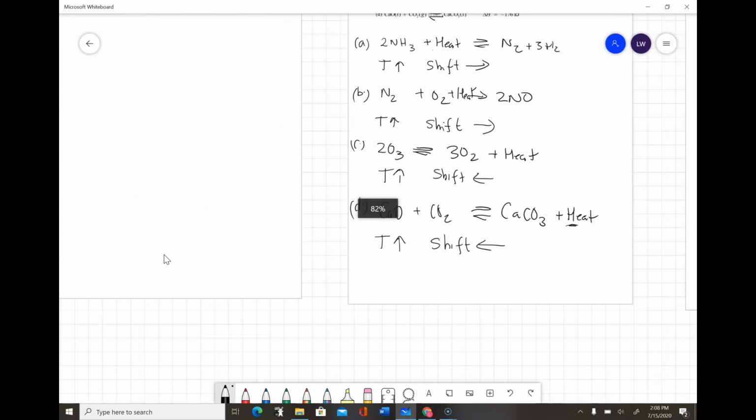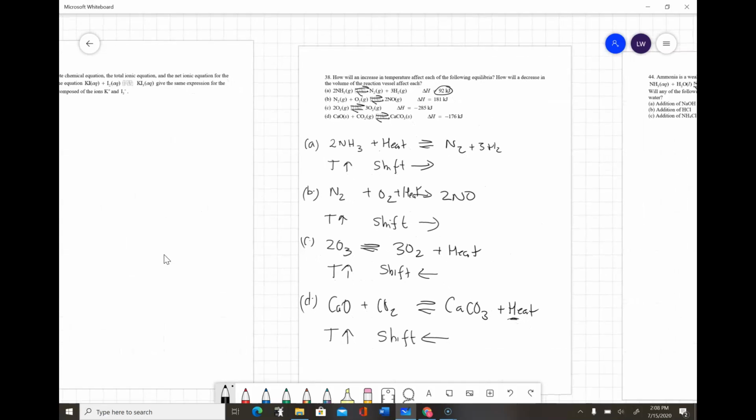We do need to be mindful that at this point we've only answered half the question, because it also talks about a decrease in volume. When we're trying to figure out how the volume is going to affect the equilibrium, what we have to do is consider the number of moles of gas on each side of the equation.